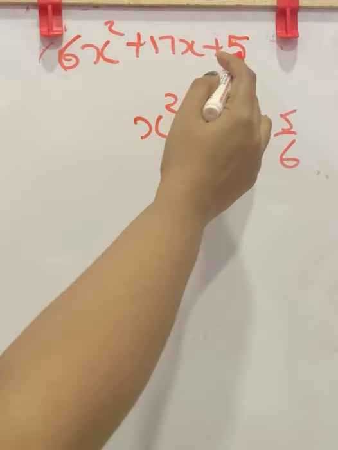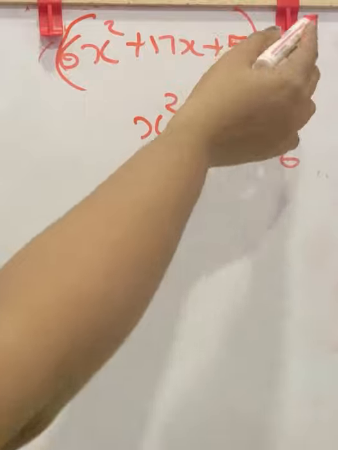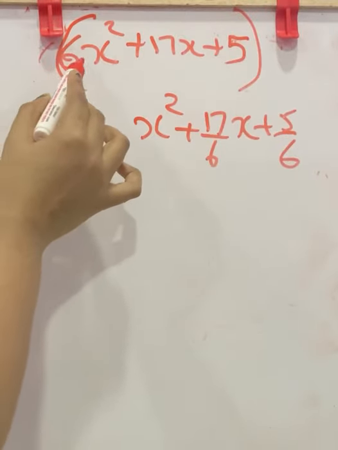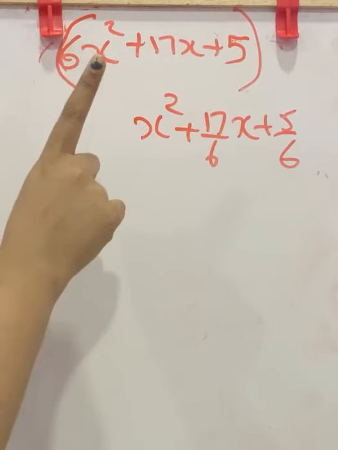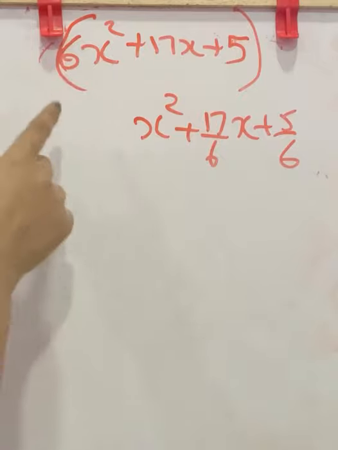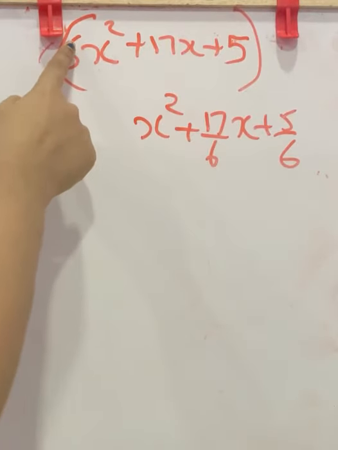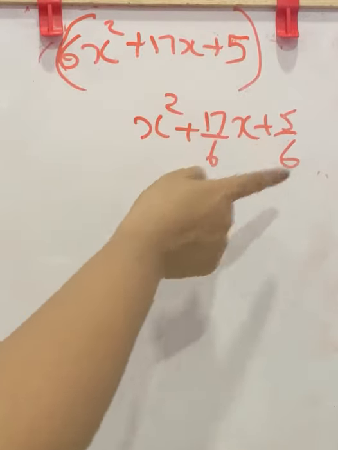So this was the question polynomial and we multiplied with 1 by 6 and cancelled the coefficient of x square. Because we need the coefficient as 1, then only we can do the factor theorem. So to cancel that, we multiplied with 1 by 6 and this coefficient was cancelled. Here it became 17 by 6 and here 5 by 6.